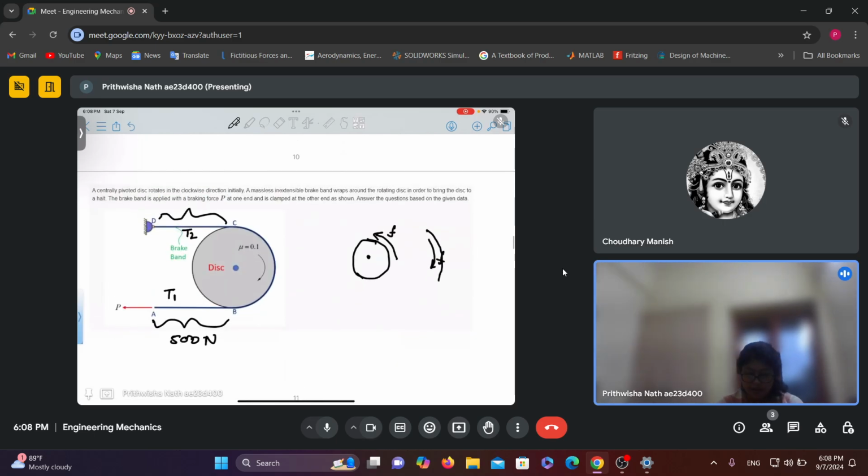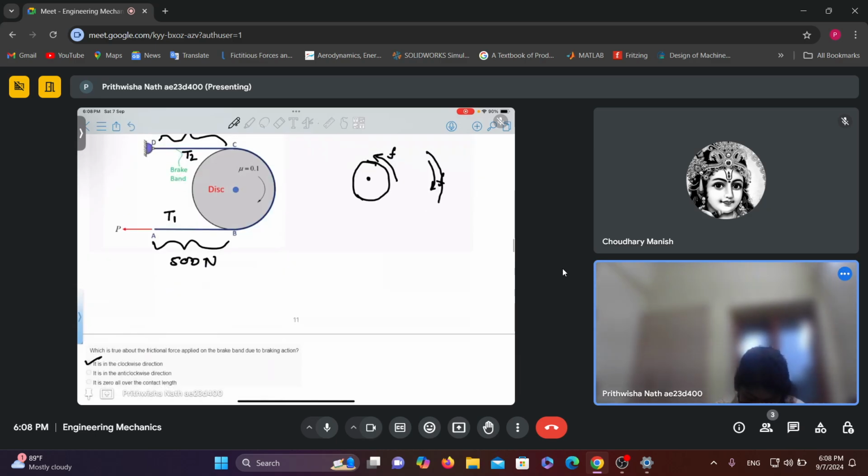Now for the next problem, a disc is given, which is centrally pivoted, and a brake band is wrapped around it. We are asked which is true about the frictional force applied on the brake band.